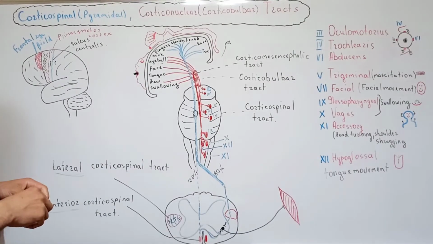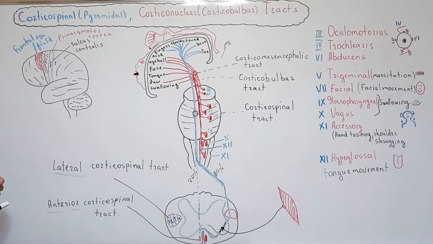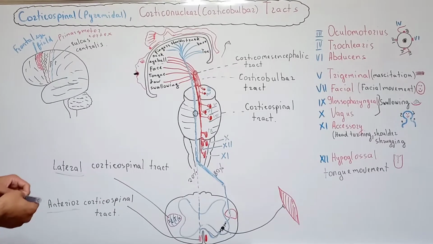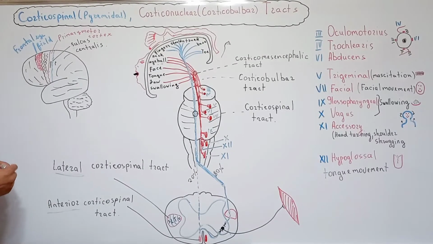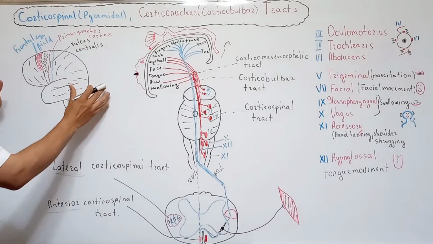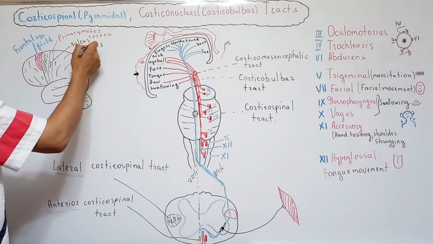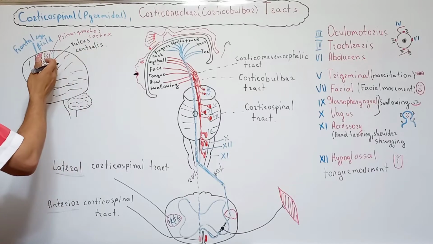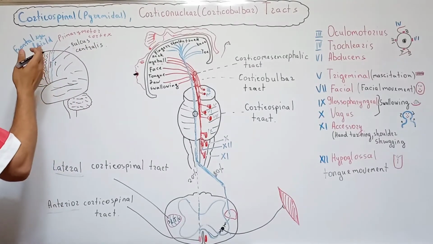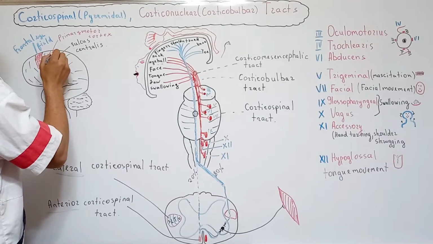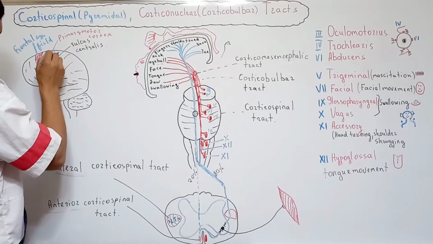Okay. First of all, let's review a little bit from our previous lesson. Look at that. That's a lateral view of the hemisphere, and that's where the sulcus centralis is located. The sulcus centralis is located between the primary sensory cortex and the primary motor cortex.